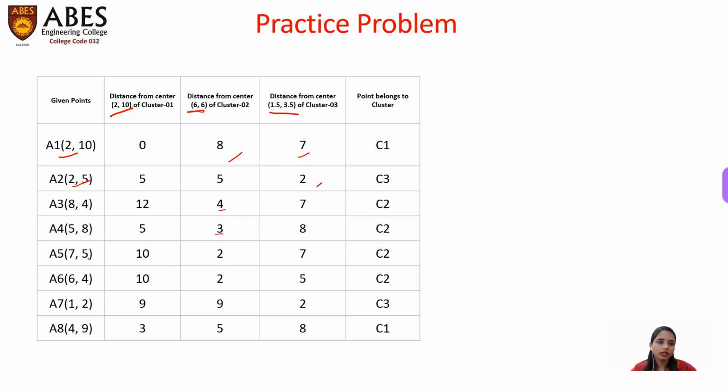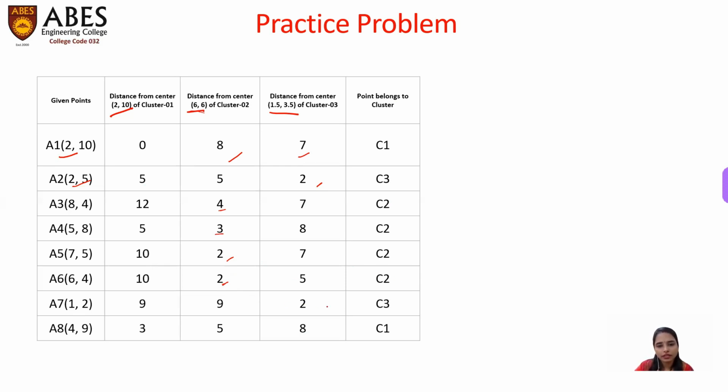And then the distance of data point A5 is lesser than the others from the center of cluster 2. Then A5 also goes to cluster C2. Then for A6, 2 is the lesser value, which is the distance from center of cluster 2. Then A6 also goes to the cluster C2.